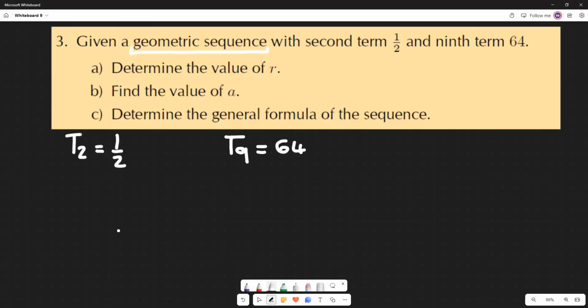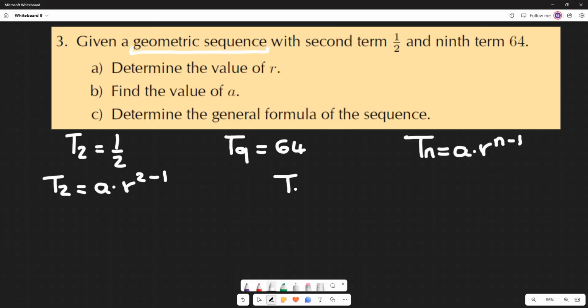Perfect. So now we're going to use this formula: Tn equals A times R to the power n minus 1. I know that T2 equals A times R to the power 2 minus 1, so I replace the n with 2.